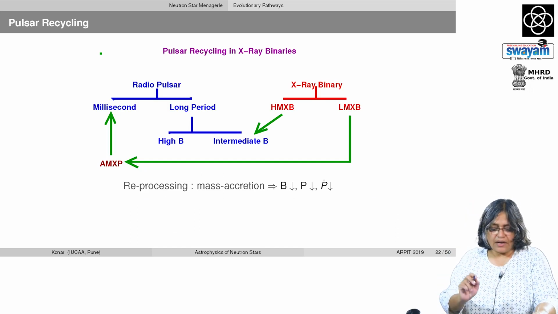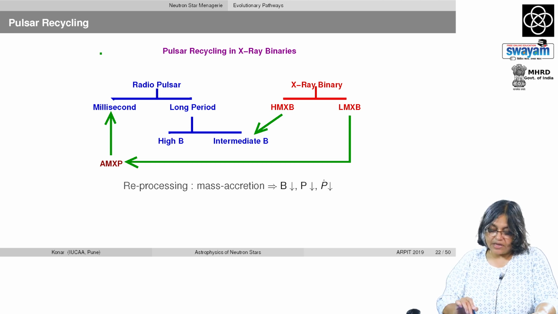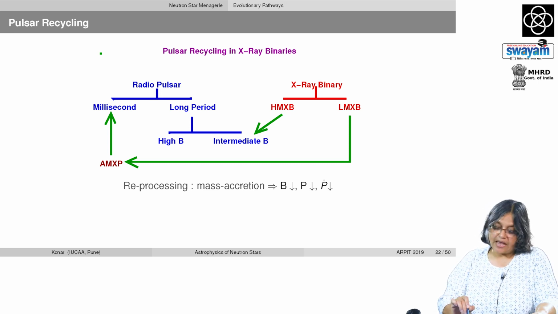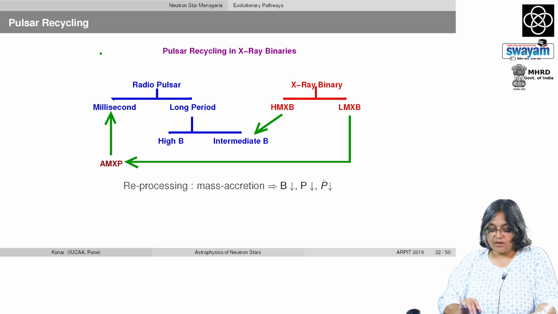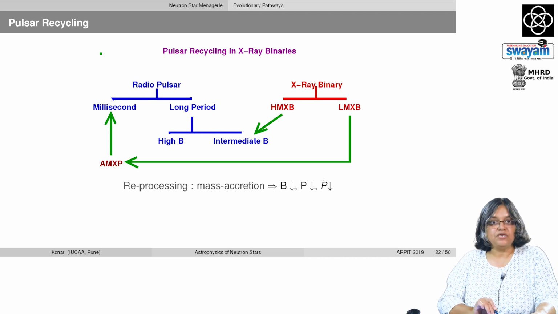So, this is the overall scenario of pulsar recycling. We have the radio pulsars, millisecond radio pulsars and long period radio pulsars, and here we have X-ray binaries, HMXBs and LMXBs. From HMXBs, processed radio pulsars go into intermediate magnetic field objects, and from LMXBs via AMXPs we come to millisecond radio pulsars.